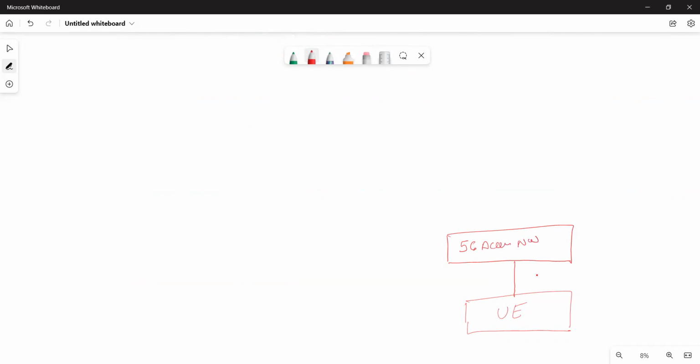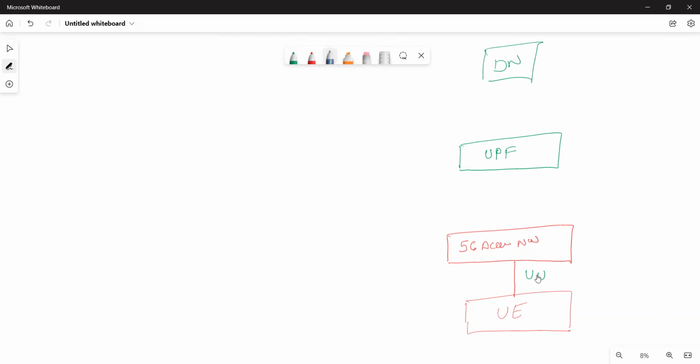Between UE and the 5G access network, you have an interface that is known as the Uu interface. Now in 5G, you have this access network connected to your UPF. And then this is further connected to your data network.